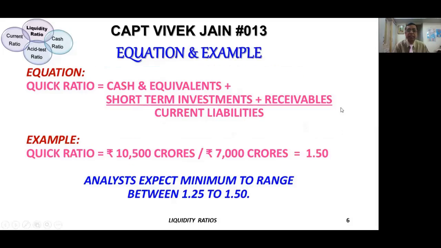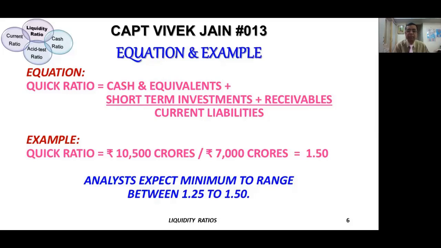The equation given here is: quick ratio is equal to cash plus equivalents, which are easily encashable, of course, short-term investments which can be encashed, plus receivables from good sundry debtors, all these totaled divided by the current liabilities.